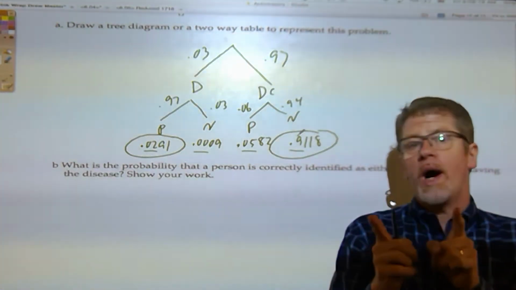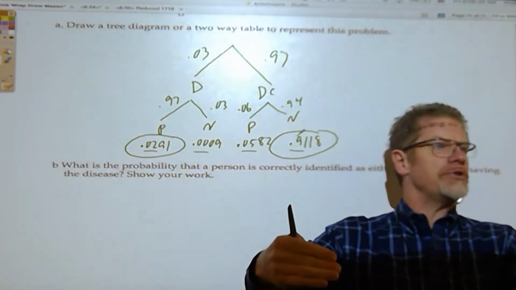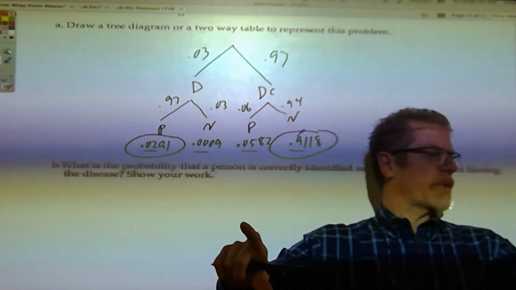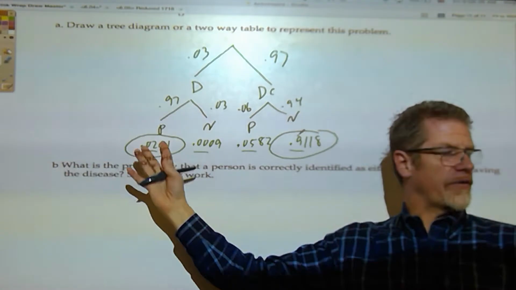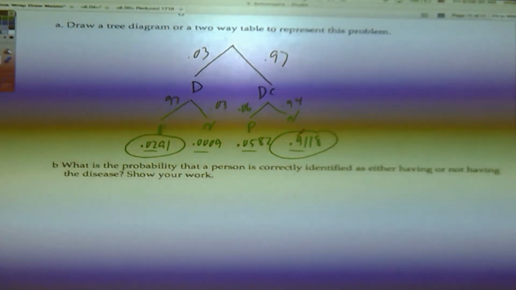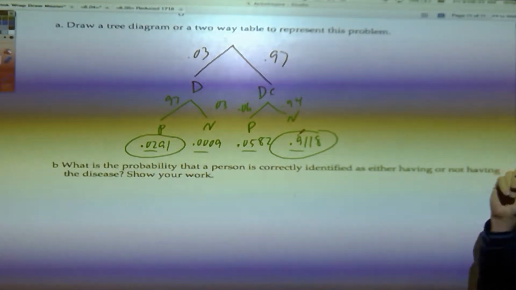Even though it's not required, I want to lead you toward mastery of analytical representations of problems, changing the verbal representation into an analytical representation. So, what's the probability that a person is correctly identified?